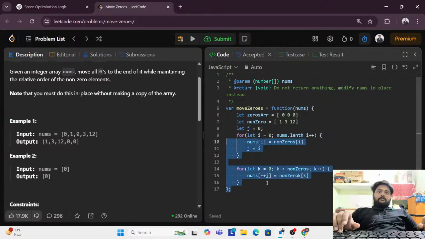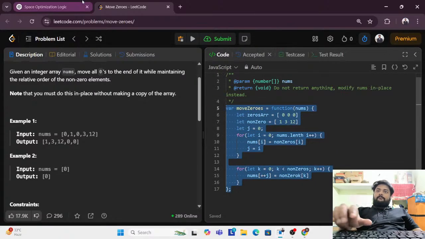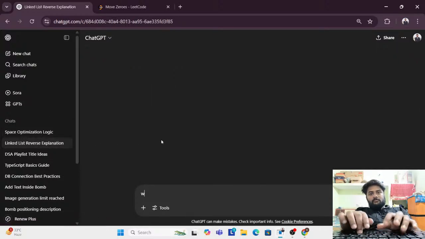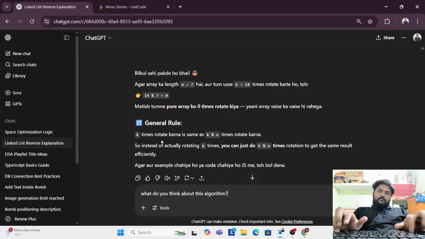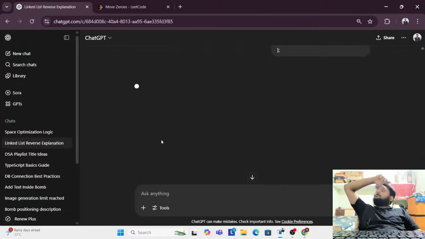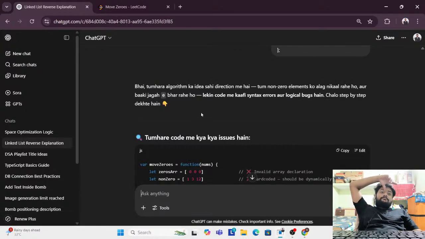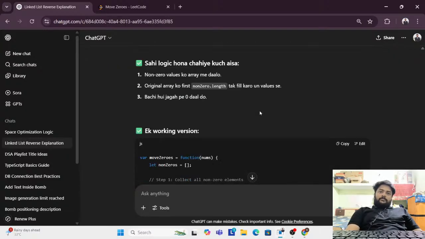And let's see if AI can, I mean obviously it will not, it is just an algorithm. What do you think about this algorithm? I know it is just an algorithm, I cannot do higher code, although everything is correct.